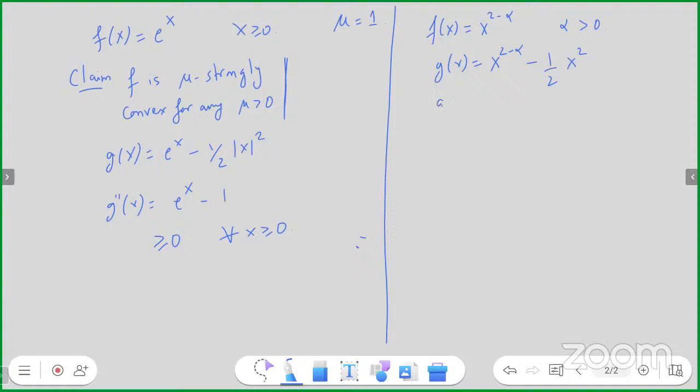What is the second derivative of this? We have a simple test. We don't have to do anything else because all we're checking is the convexity of this function, for which you have a characterization. So what is the second derivative?